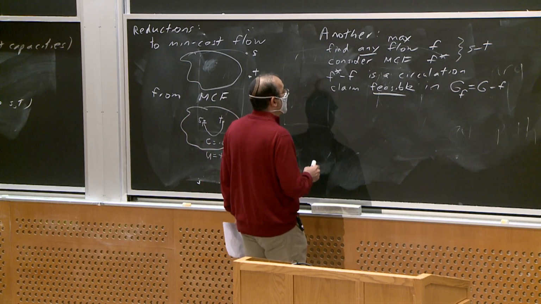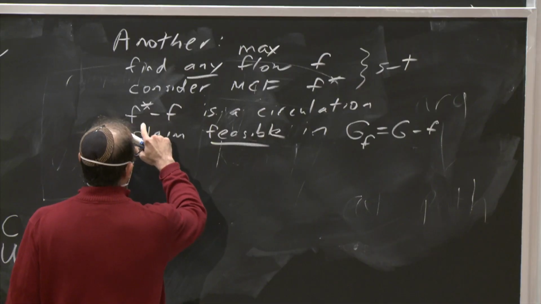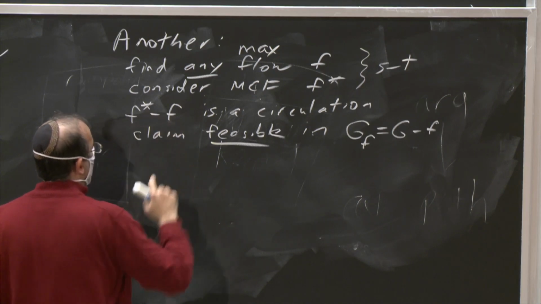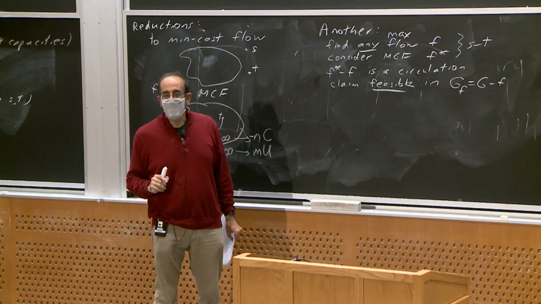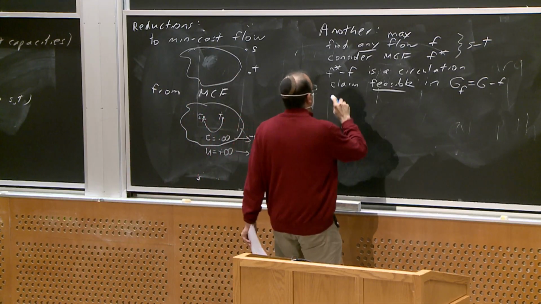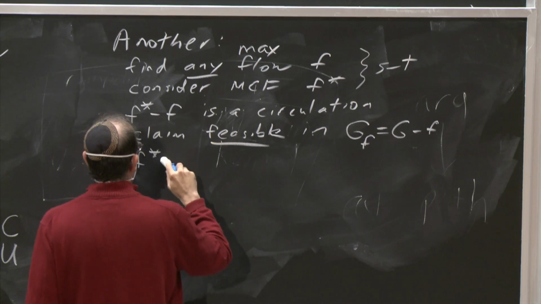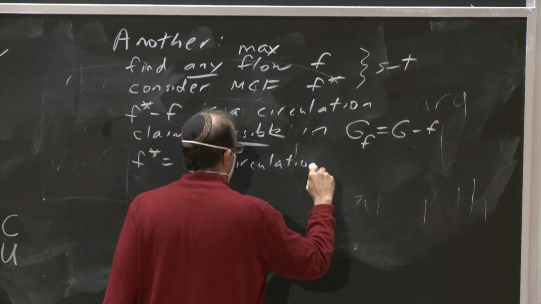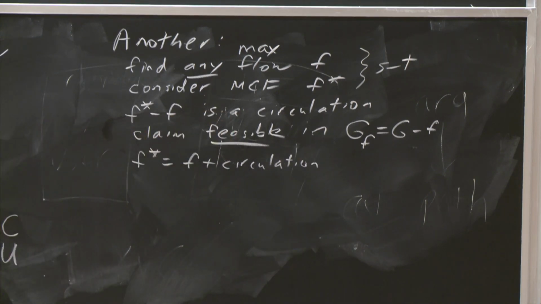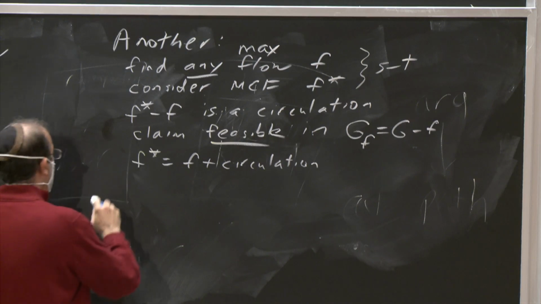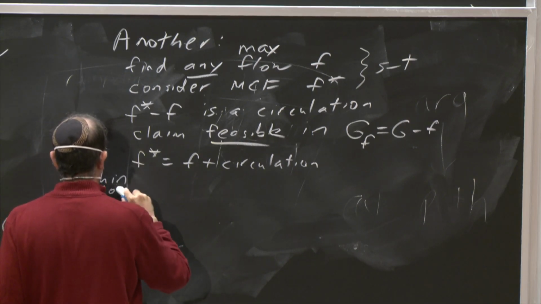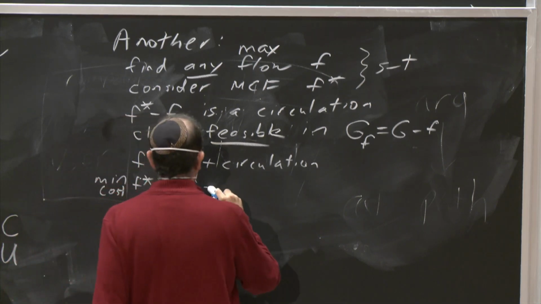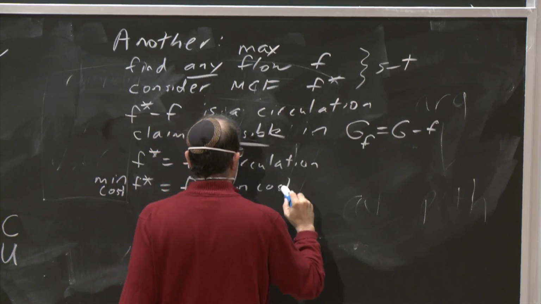And so what that means is basically that any flow that I find is a circulation away from the min cost flow. So F star, the min cost flow, is equal to F plus a circulation. Yes? And that means that the min cost F star is equal to F, which has a fixed cost, plus the min cost circulation.